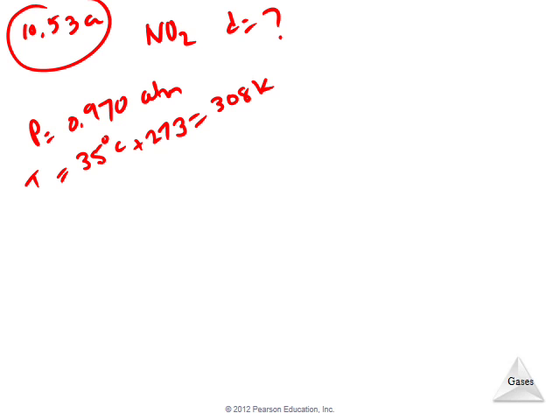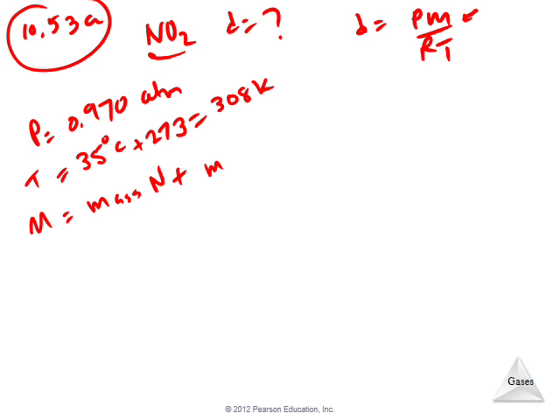Now, the density expression is D equals PM over RT. In order to calculate density, we also need to know the molar mass or molecular weight. So the molecular weight for NO2 would be given by the mass of nitrogen plus the mass of oxygen.